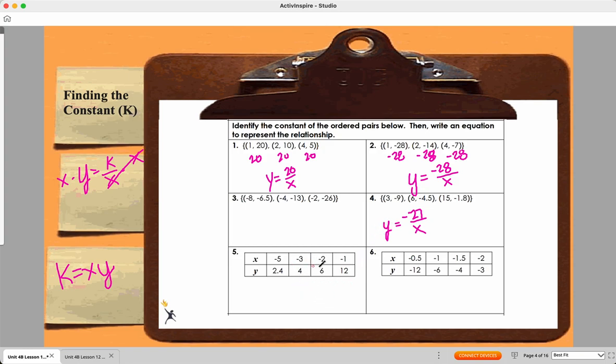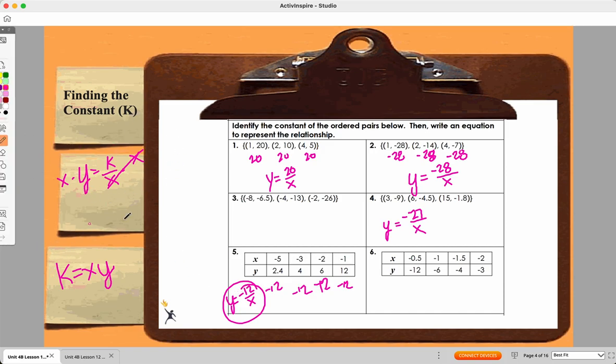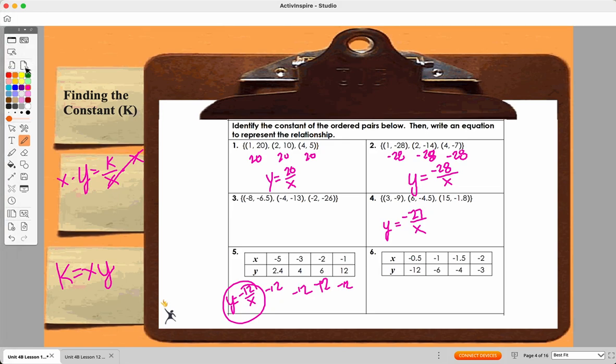We just check each one. 2 times negative 12, negative 12, negative 12, and then let's just check 5 times 2.4, negative 12. So we have that same y equals negative 12 over x. It's pretty easy once you know that relationship, and you can always start with that base form of the equation and work your way backwards. That's how to find k for inverse variations.